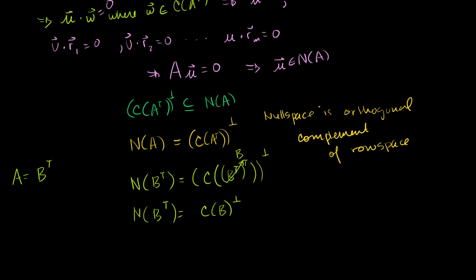And this right here is showing us that the left null space, which is just the same thing as the null space of a transpose matrix, is the orthogonal complement of the column space. Which are two pretty neat takeaways. We saw a particular example of it a couple of videos ago, and now you see that it's true for all matrices.